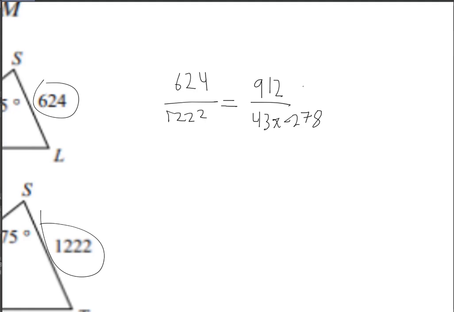But before we do that, like I said before, you always want to double check to make sure that you can't simplify your fractions a little bit, because let's face it, it's so much easier if you can. You're working with smaller numbers. 624 over 1222 is 24 over 47, right? You can divide both of them by 26, right?